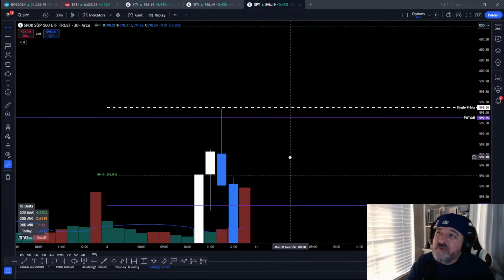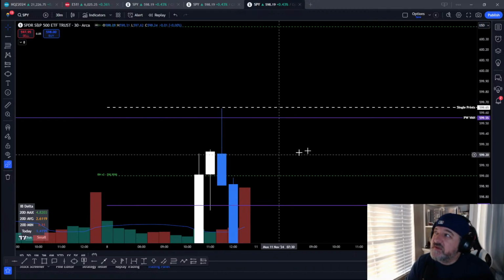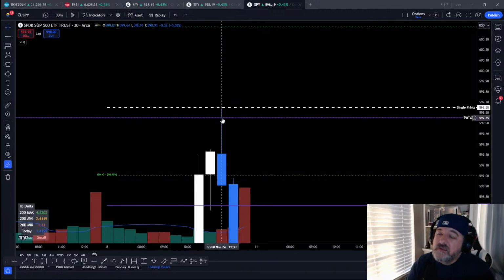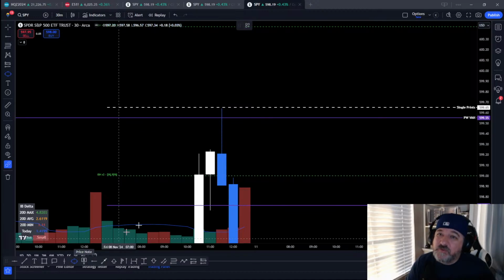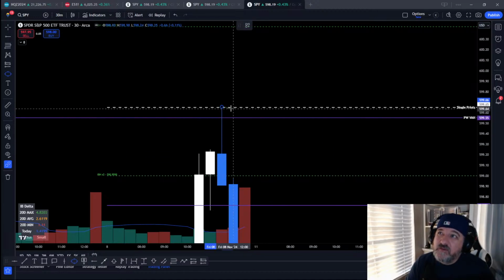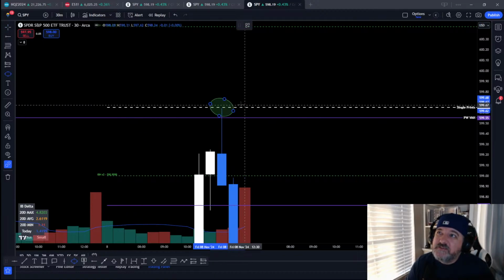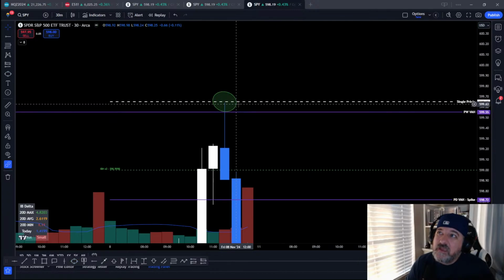And I know that I want to be short when price touches the previous week value area high, but for whatever reason, I have some kind of confluence that says price might go higher and hit this level that's above.